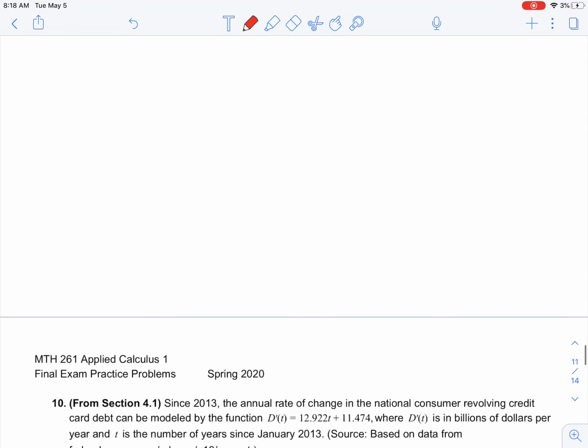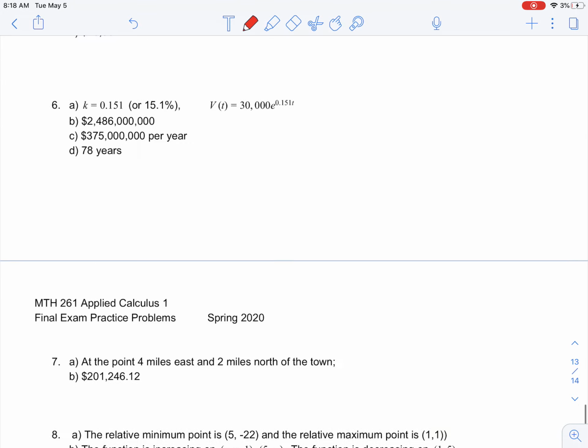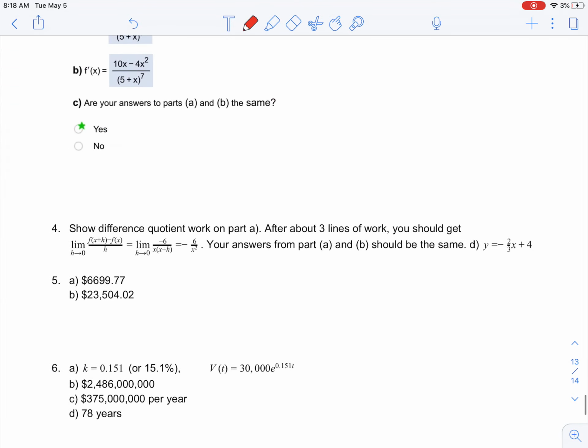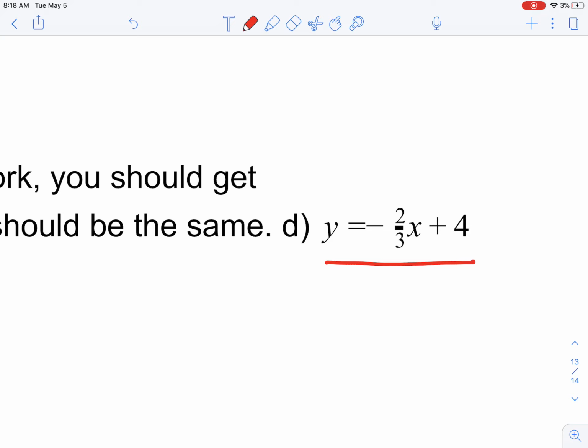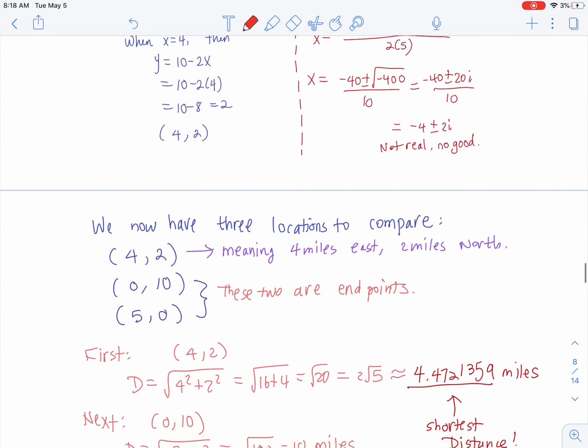I think I typed the answer as slope intercept form. Where are you? Oh, what number was it? Number 4, right? Yeah, looks like I used slope intercept form. But on the exam, if you want to just leave it in point slope form, that should be okay. So that was number 4.